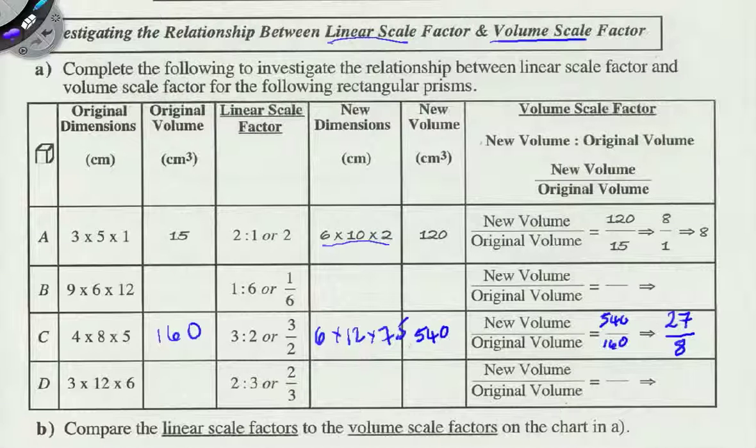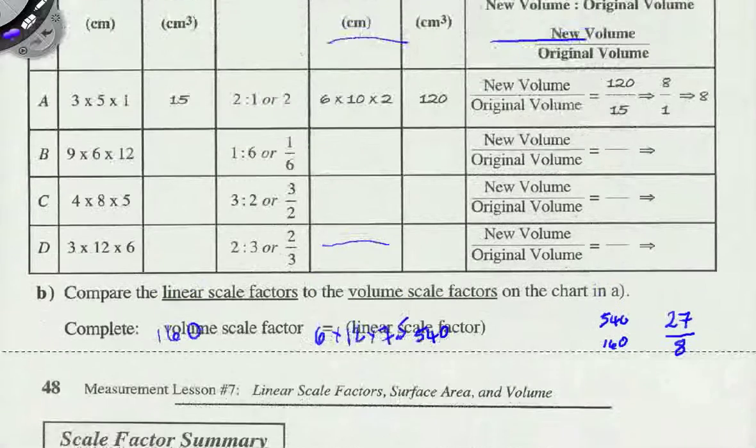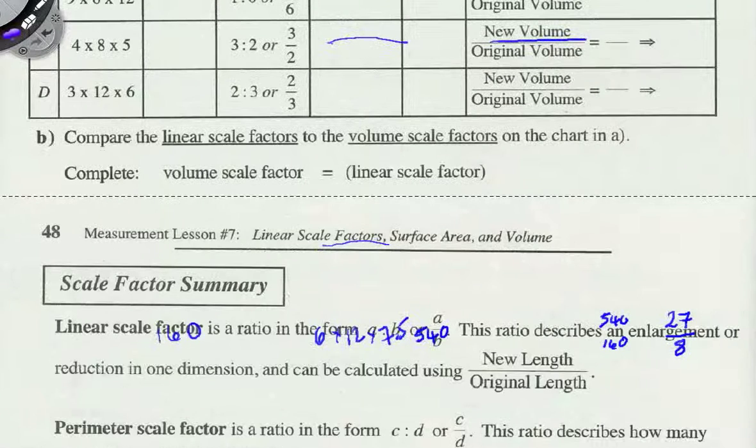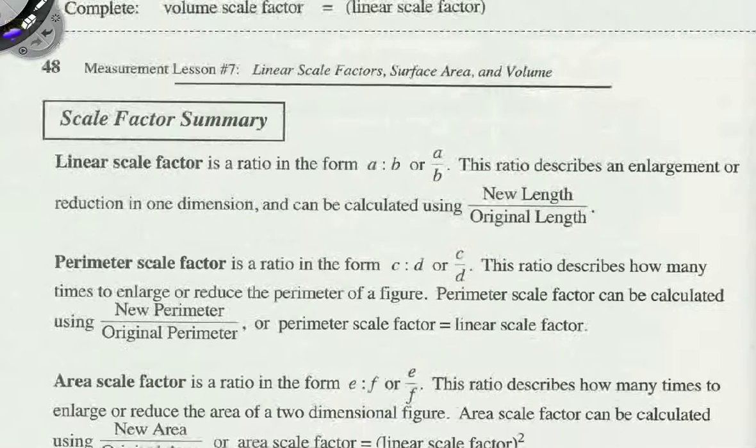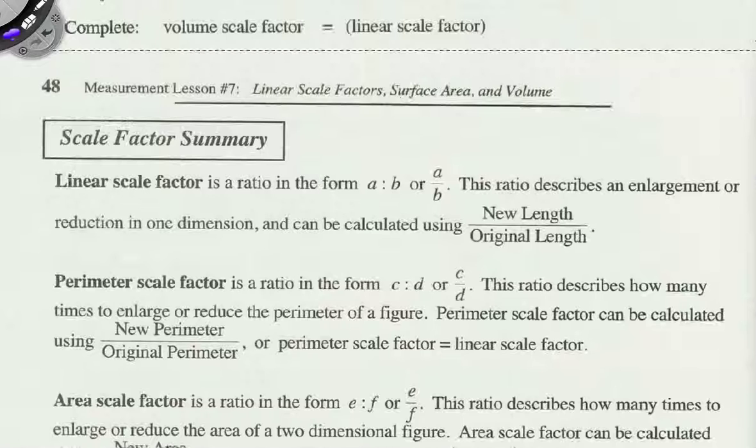So let's look at the question below, which is asking compare linear scale factors and volume scale factors. Well, volume scale factor here is simply the linear scale factor cubed.